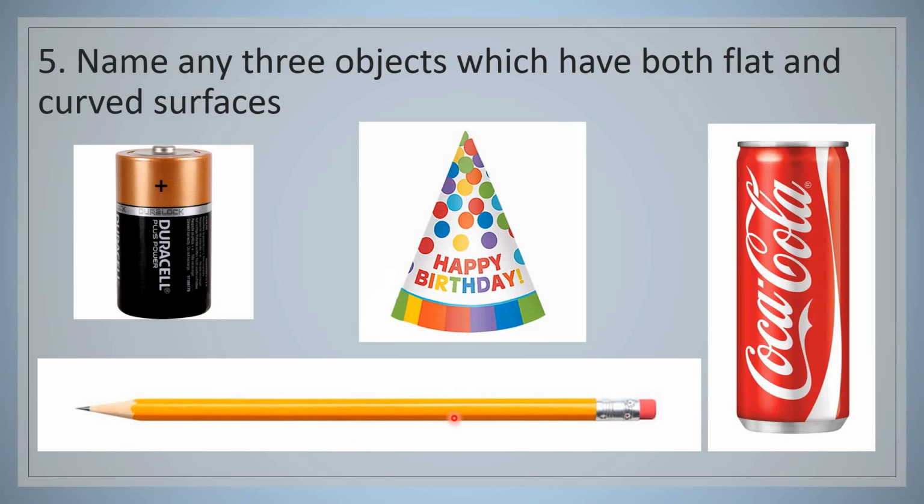Next is a pencil. Again, a pencil is round in shape so it has a curved surface, and it has a flat surface when you hold it straight. And next is a Coca-Cola tin. This also has a curved surface and a flat surface. So these are examples of objects with both flat and curved surfaces. You can write any three objects from these.